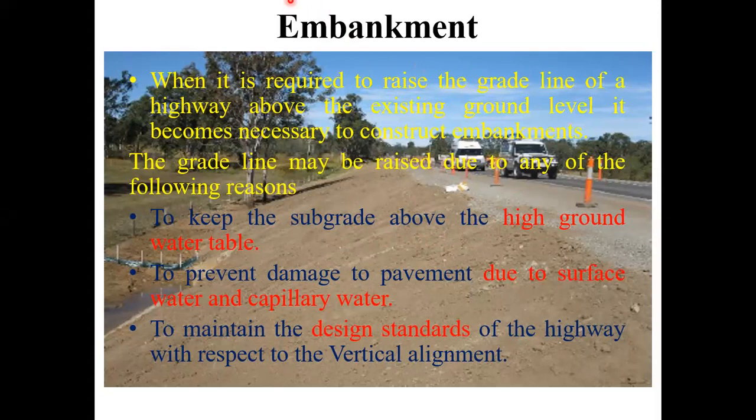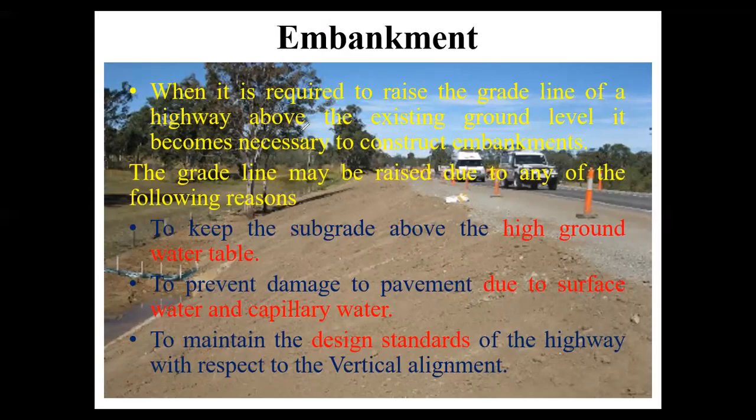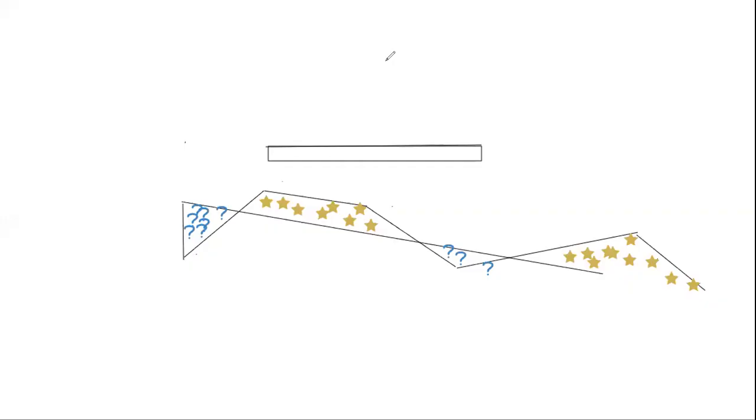I will show you why an embankment needs to be constructed. Assume this is the normal portion of the ground, and the water table will be just beneath it, less than 1.2 meter.